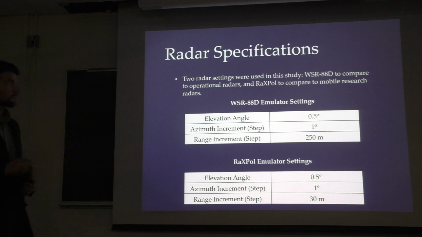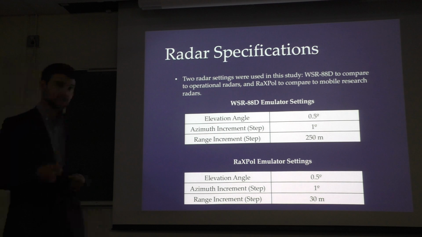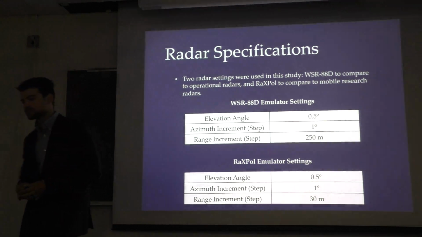The other one I chose is RAXPOL, which is a mobile research Doppler radar at the University of Oklahoma. It's an X-band radar, and it's also 1/2 degree of elevation angle with a 1 degree azimuth increment. But the range increment on that is actually 30 meters, so it's super high resolution.